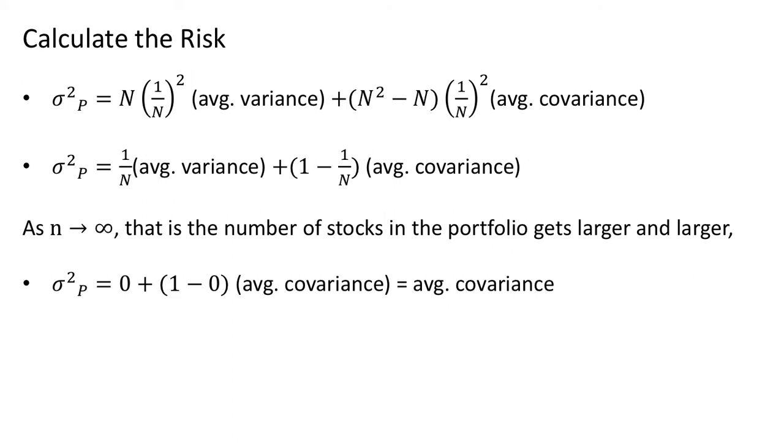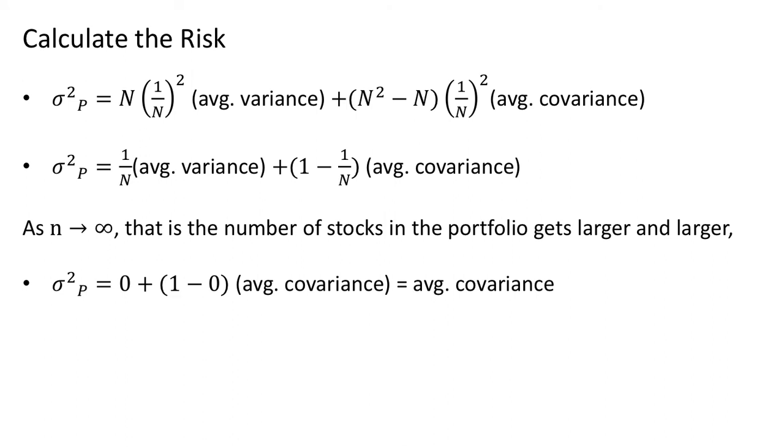The numbers to focus on here in that equation is n in the first portion of the equation and n squared minus n in the second portion of the equation. N associates with average variance, n squared minus n with average covariance. N in our 7 stock portfolio is 7.